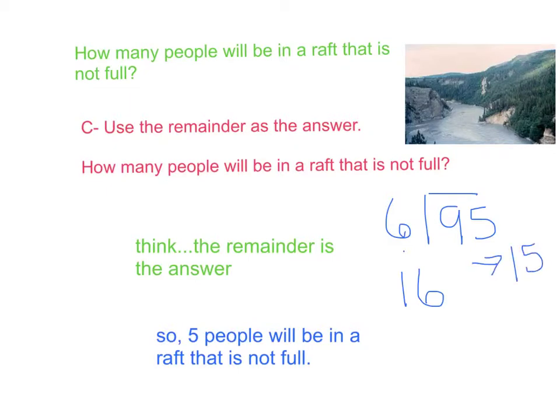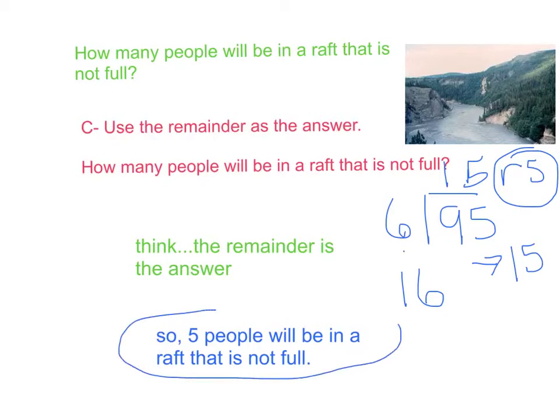And then 1 raft is simply going to be holding that remainder 5. So 5 people will be in a raft that is not full. And then 15 of the rafts will be full with 6 people.